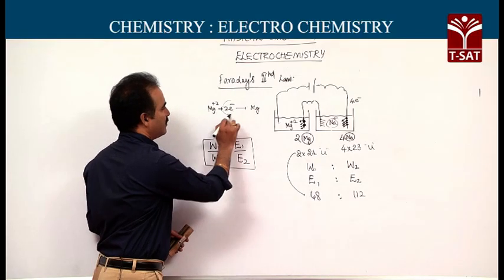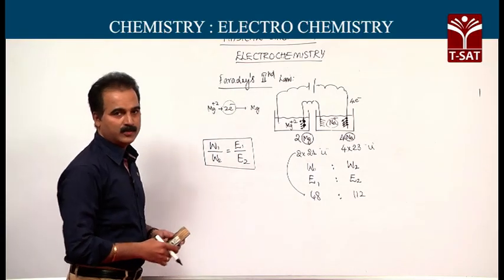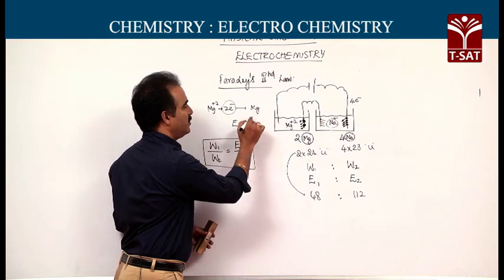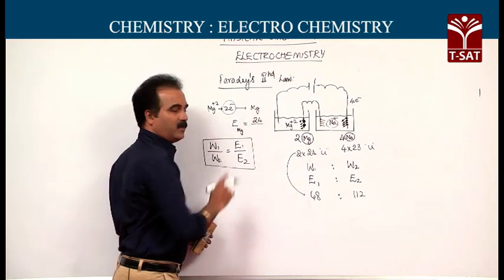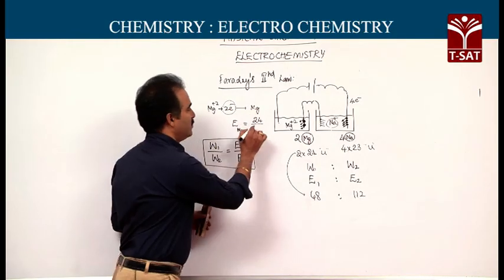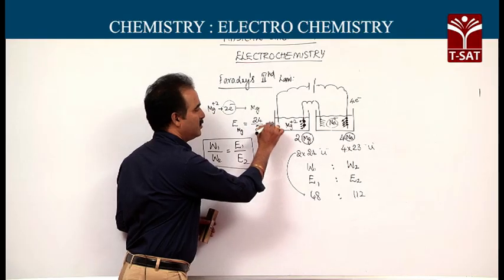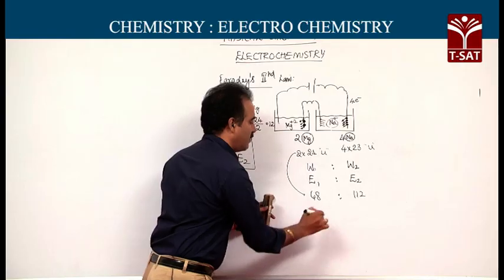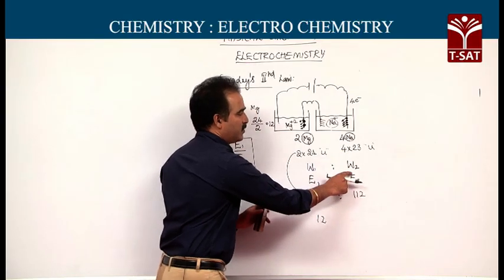So, the n factor or the valency of magnesium is 2. So, what is the equivalent weight of magnesium? The equivalent weight of magnesium is its atomic weight by the number of electrons it is taking due to its reduction. So, it is 24 by 2, that is 12. So, the equivalent weight of magnesium is 12, and the equivalent weight of sodium.